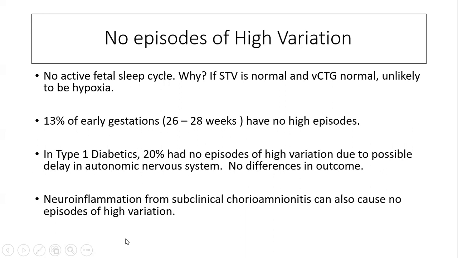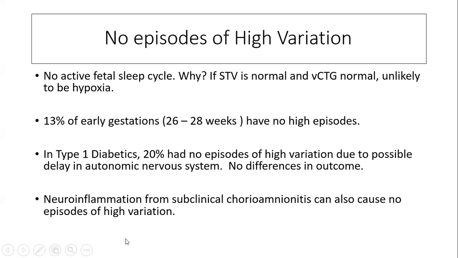For instance, if the baby is very premature, then that system hasn't developed yet. We know that in 20% of type 1 diabetics, there's no episode of high variation because of delay in the autonomic nervous system, and there's no difference in outcome for these women. Trying to understand the context is very important.